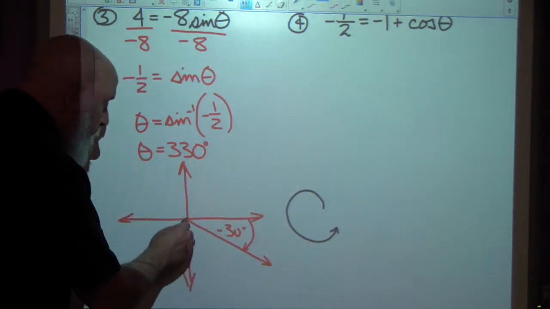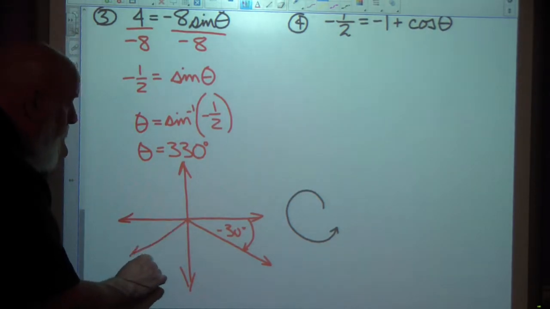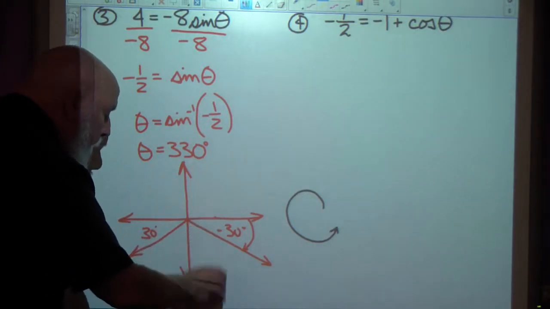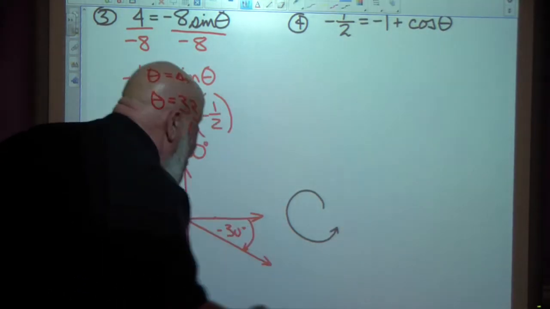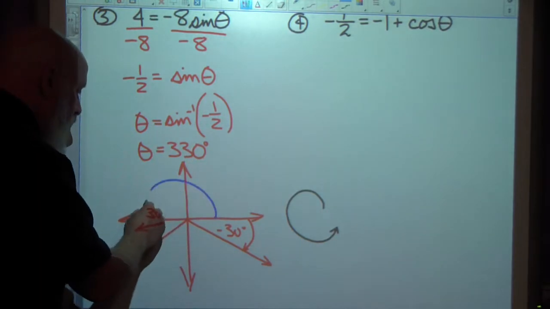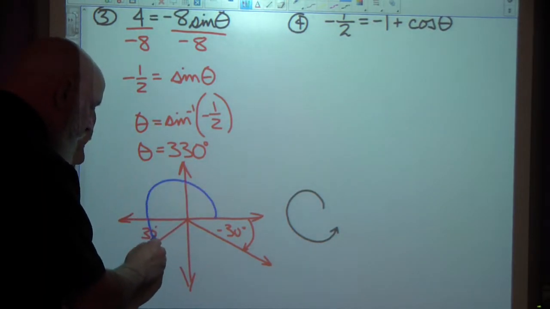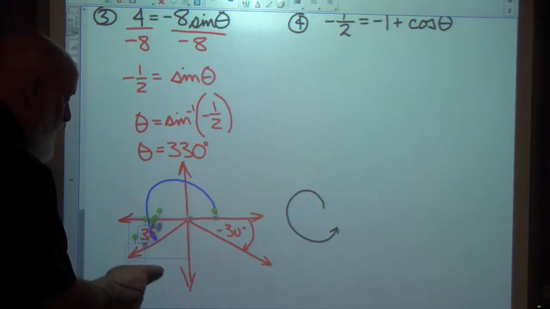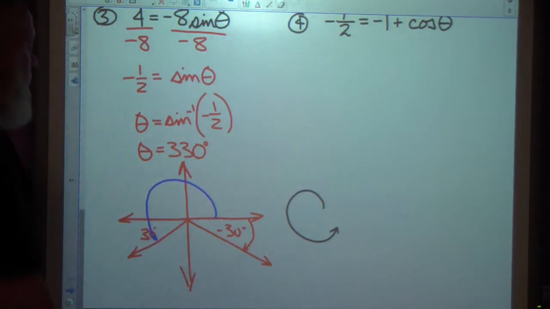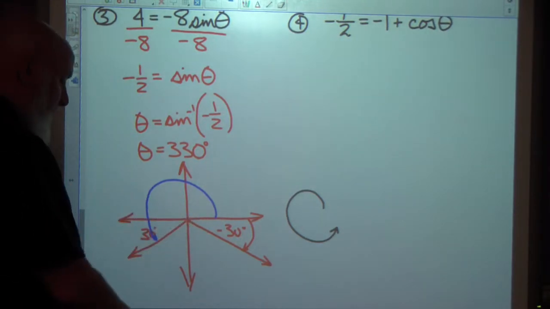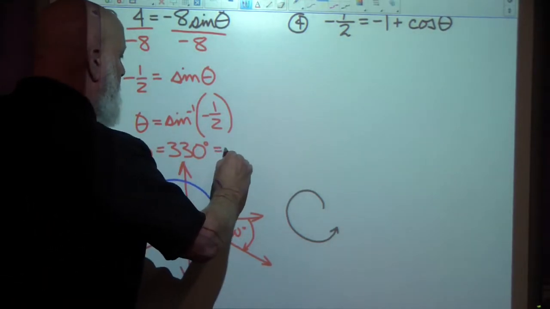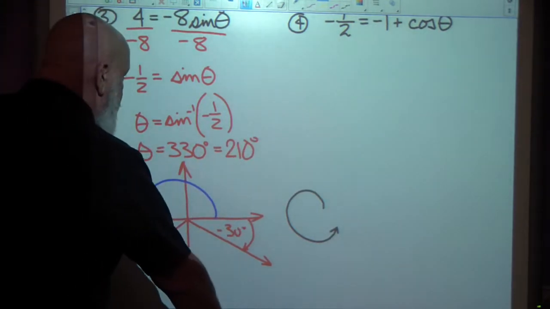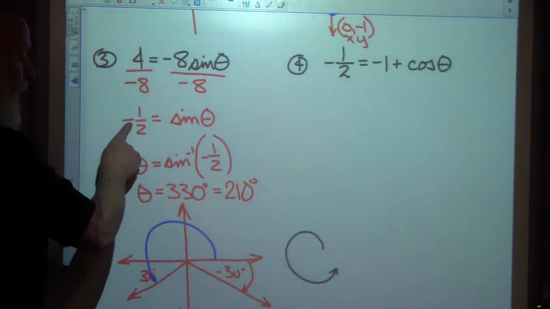So if I draw a reference angle in quadrant 3 that's 30 degrees, I want to know what this rotation is also. Hopefully you can tell that's 30. That'd be 180 plus 30 would be 210. So those are the two angles such that if I take the sine of them, I'll get negative 1/2.